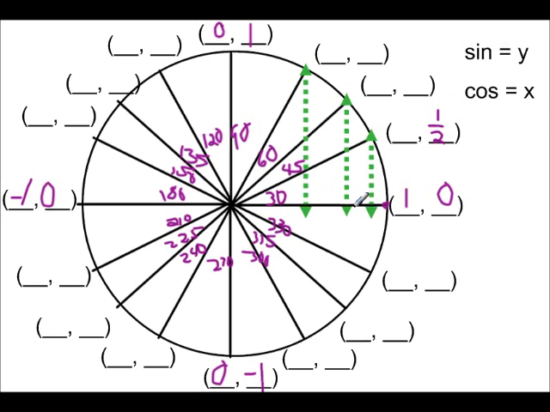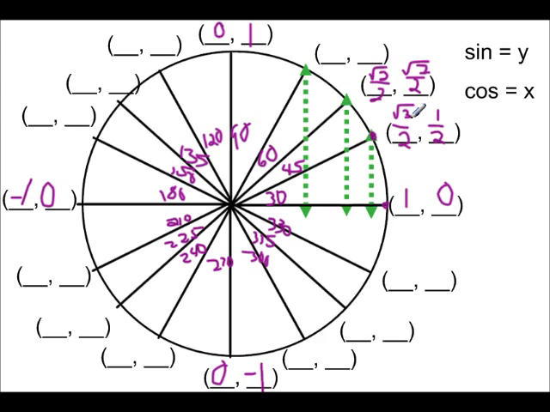Cosine of 30 degrees is square root 3 over 2, so cosine is my x value. So, looking at this point here, the point on the edge of the unit circle is square root 3 over 2, comma 1/2. For a 45-degree angle, the sine and cosine are both the same, square root 2 over 2, and square root 2 over 2.